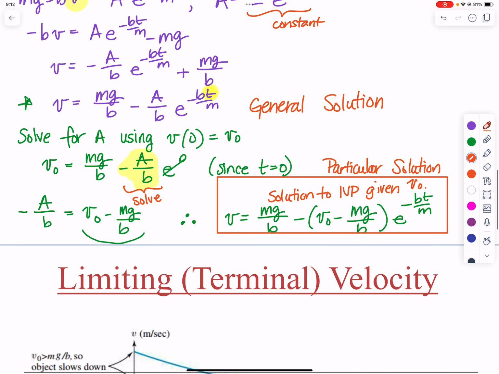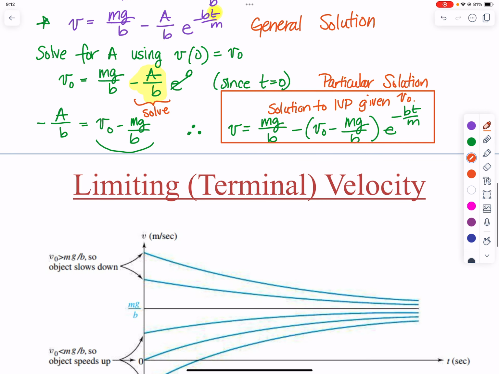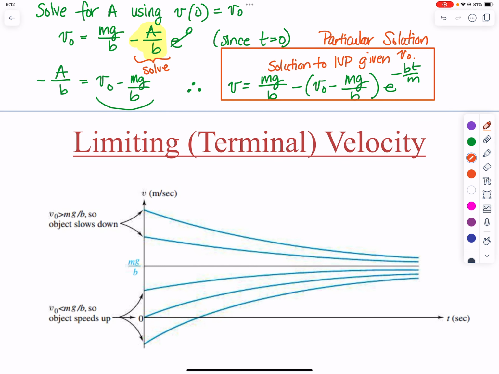Now, taking a look at this graph, as you can see, each solution tends towards mg over b. So it really doesn't matter what v naught is initially. v of t approaches mg over b regardless of v naught.